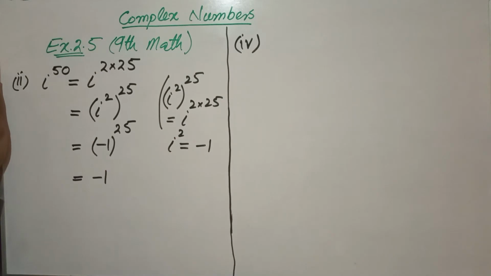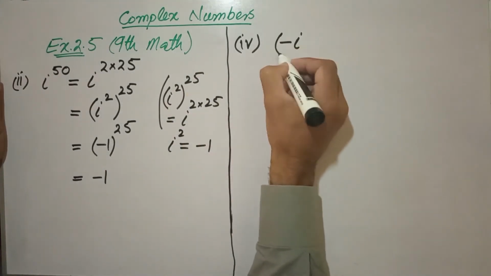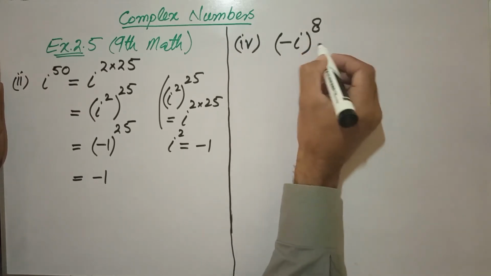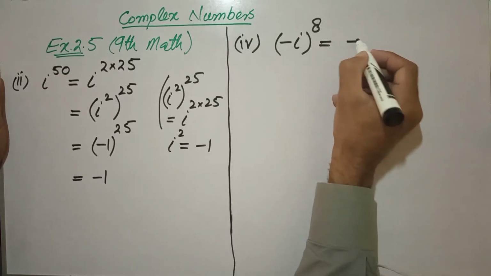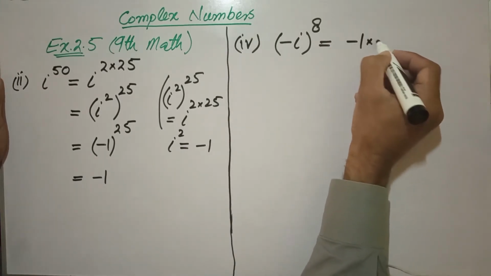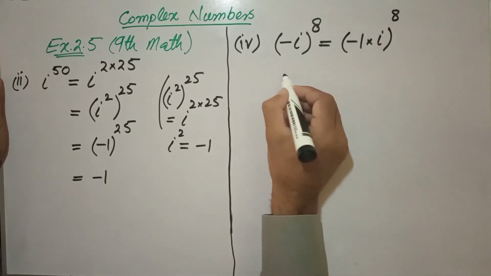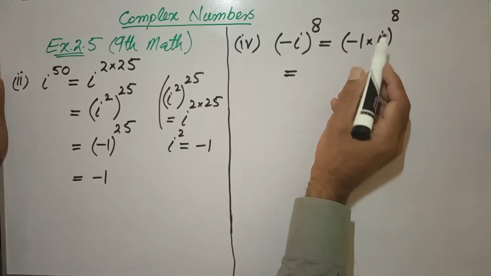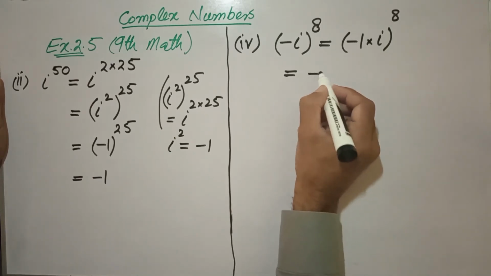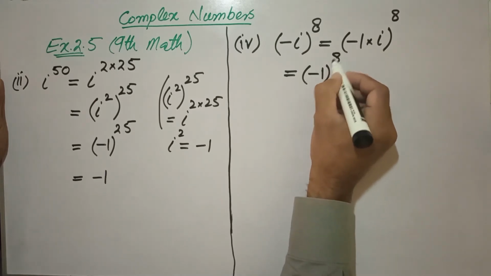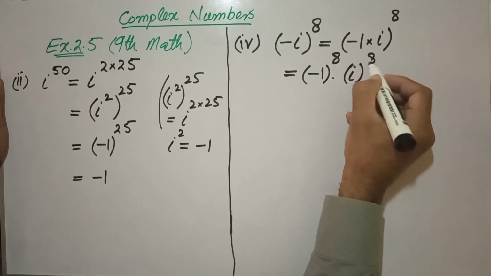which is negative iota power 8. Now negative iota can be written as -1 into iota whole power 8, and then using the properties of powers or exponentials, we can write (-1) power 8 into iota power 8.